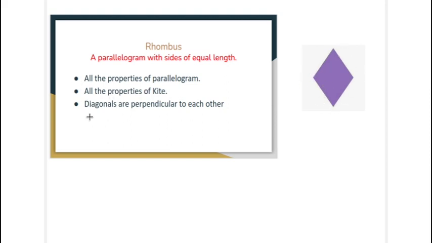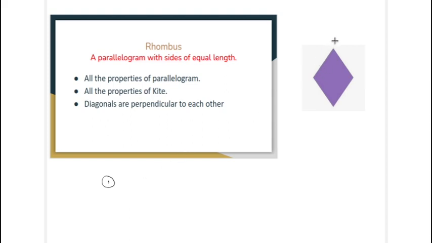Now see what are the properties of a rhombus? All the properties of a parallelogram, that we know a parallelogram has 4 properties, and a rhombus also has those 4 properties. That means a rhombus also satisfies those 4 properties. So property number 1 was that the opposite sides are of equal length.